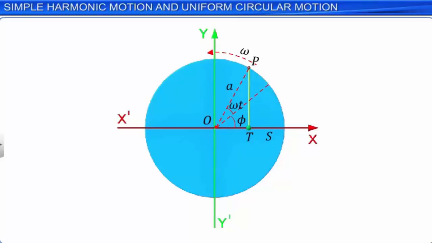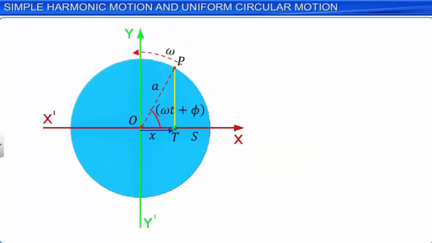The displacement of the projection executing simple harmonic motion along the diameter along the x-axis can be written as x is equal to A cos omega t plus phi, where A denotes the amplitude of simple harmonic motion, which is the radius of the reference circle.